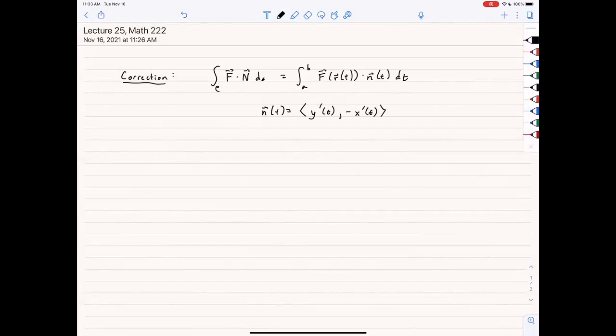But I said this was a counterclockwise rotation. This is actually a clockwise rotation of the tangent vector in the plane. So that was a mistake. I'm sorry about that. Just wanted to clear that up.